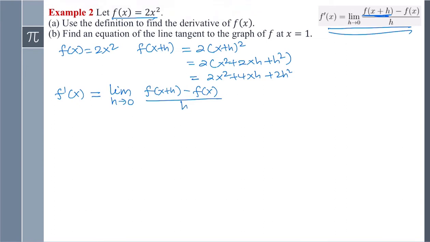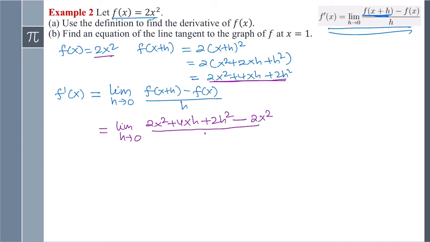Now let's plug in those values: limit as h approaches 0, f of x plus h is this expression right here, 2x squared plus 4xh plus 2h squared, minus f of x, which is 2x squared, divided by h. Now if we add 2x squared and minus 2x squared, we get 0.